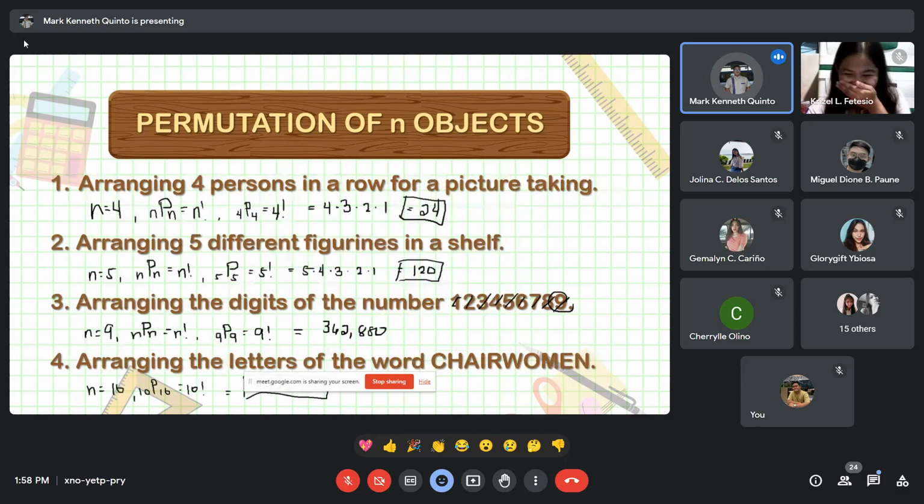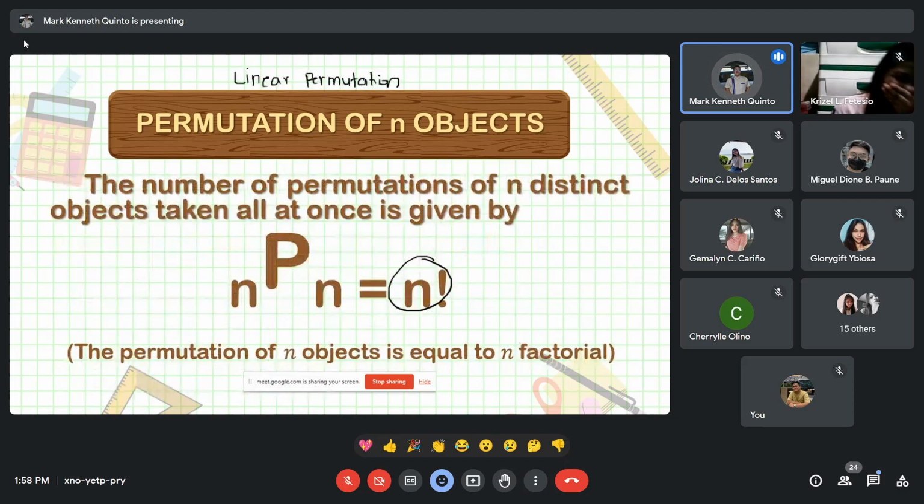Since in our linear permutation, the formula is permutation of n objects taken n at a time is equal to n factorial. We only need one value, which is the number of objects needed to be arranged. So ibig sabihin, if the order is important, that is permutation.